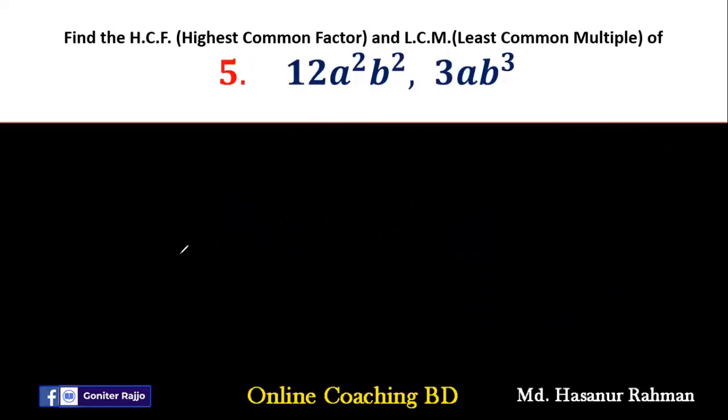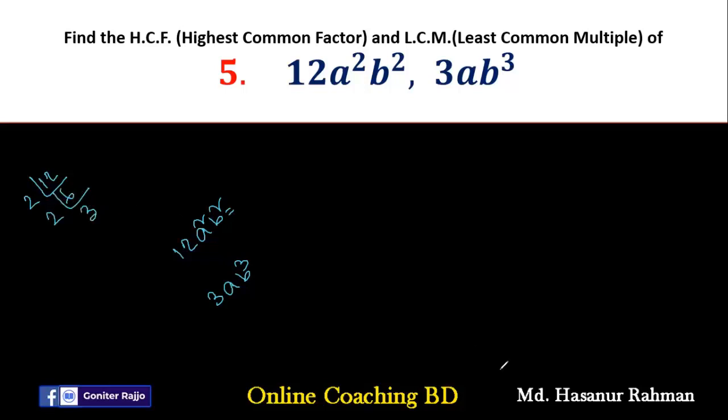Now number 5. Number 5 says 12a square b square, and 3ab cube. Look at this. At first, we have to find out the prime factors of 12. So we can divide this 12 by 2, then we get 6. We can divide this 6 by 2, then we get 3.